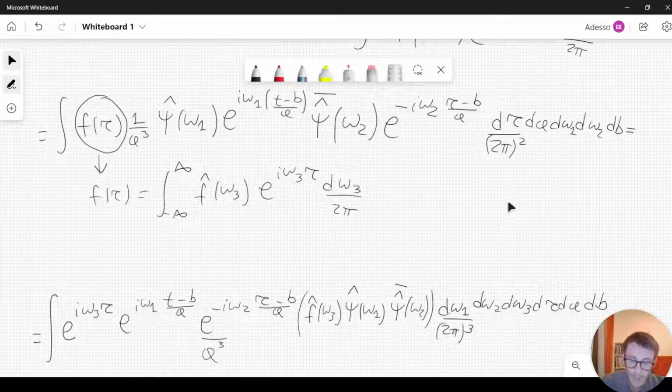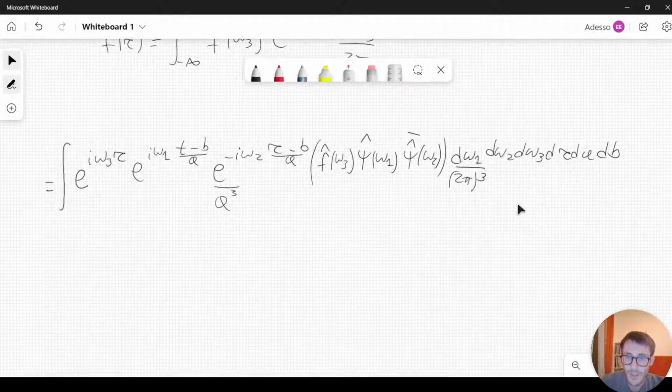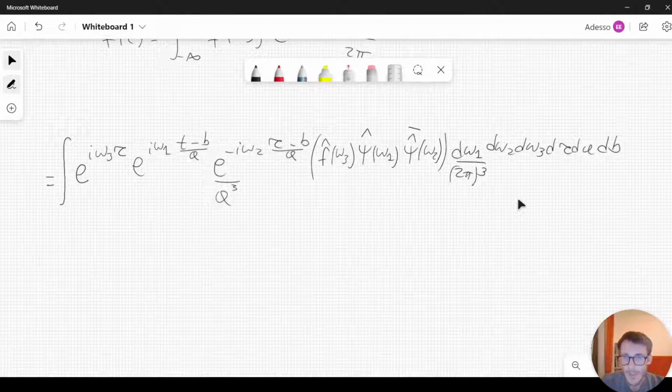And now we are going to carry out the integration over tau. It will be simple because we don't have to integrate over these functions. When we integrate over tau, we only have to integrate this complex exponential multiplied by this one.